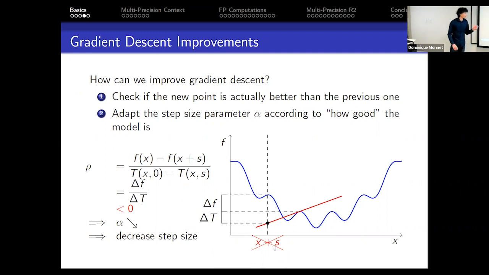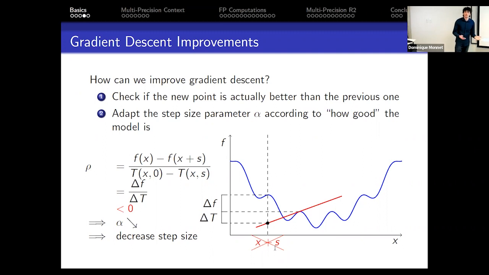One way to do that is to compare the objective decrease, which is the numerator of this ratio rho here, with the model decrease. That is the decrease I expect of the objective with my model. If this ratio is not good, for example, here delta F is negative, with an increase of the function, and here delta T is actually positive.